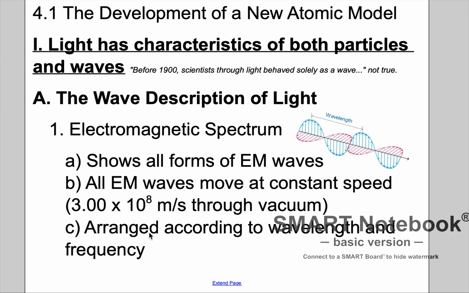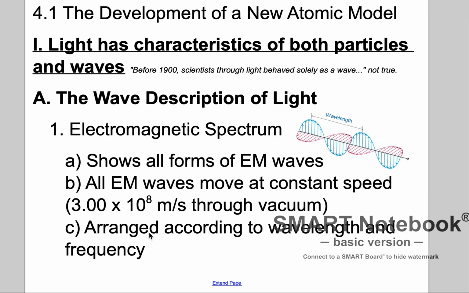Okay. So 4.1, development of a new atomic model. I'm going to talk a little bit about what light is. Light does exhibit properties of both a particle and a wave. Before the 1900s, scientists thought light behaved solely as a wave because you could reflect it and diffract it.